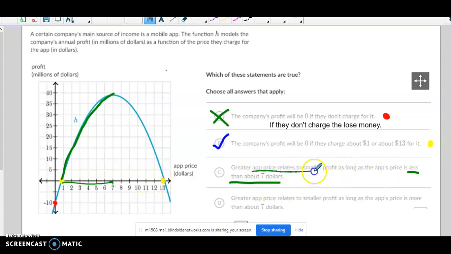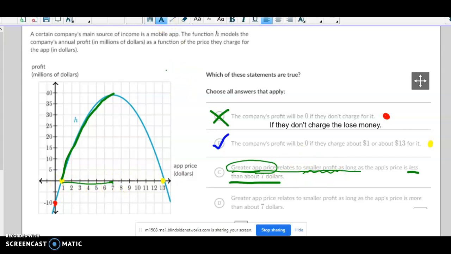Greater app price relates to smaller profit as long as the app's price is less than $7. So that means as your app price is getting bigger, as you're going from 0 to 7, this would be false. Greater app price relates to smaller profit. Yeah, because the profit is not getting smaller here. I'm looking for the keyword smaller. The profit is increasing.